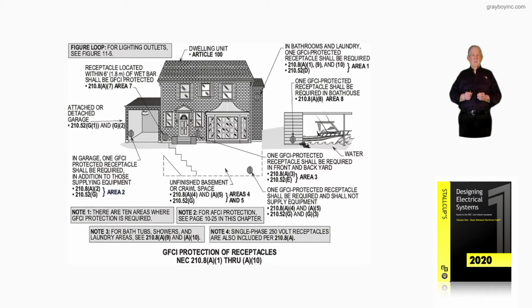Now, notice 3, it says for bathtubs, showers, and laundry areas, that 210.8(A)(9) and (A)(10) now have regulations that you need to review very carefully, because there is a change in there that's very important of receptacles that require the GFCI protection.